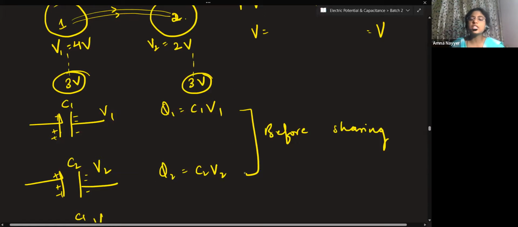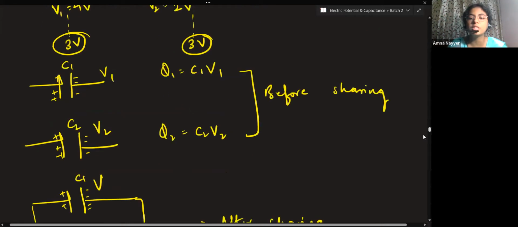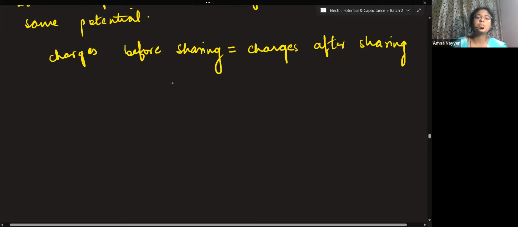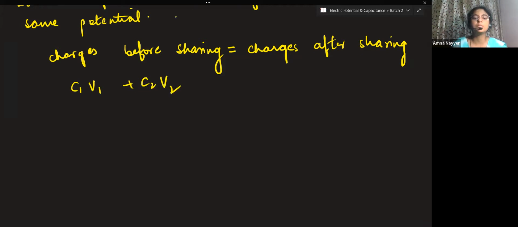So the total charge before sharing becomes the sum of Q1 and Q2, which is C1V1 plus C2V2. This is the total charge before sharing.